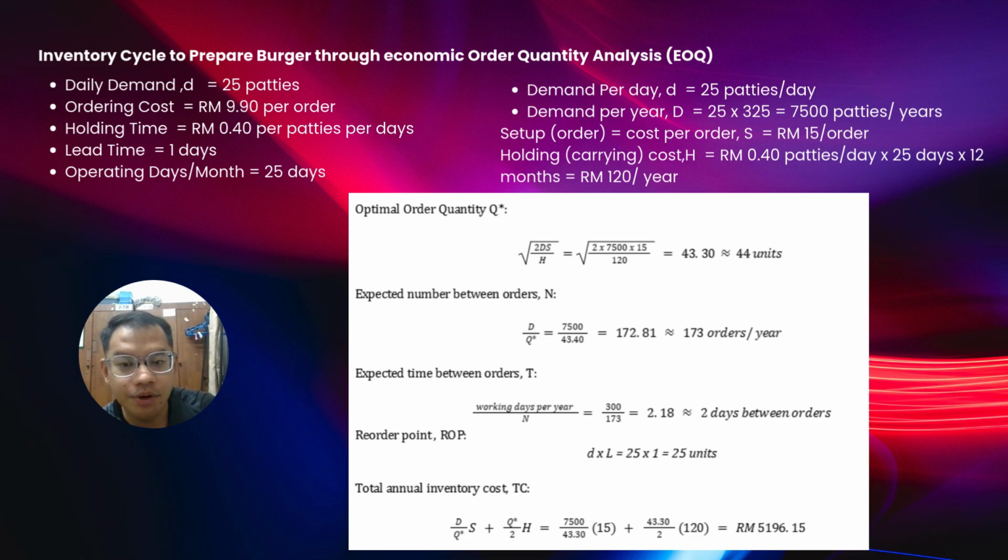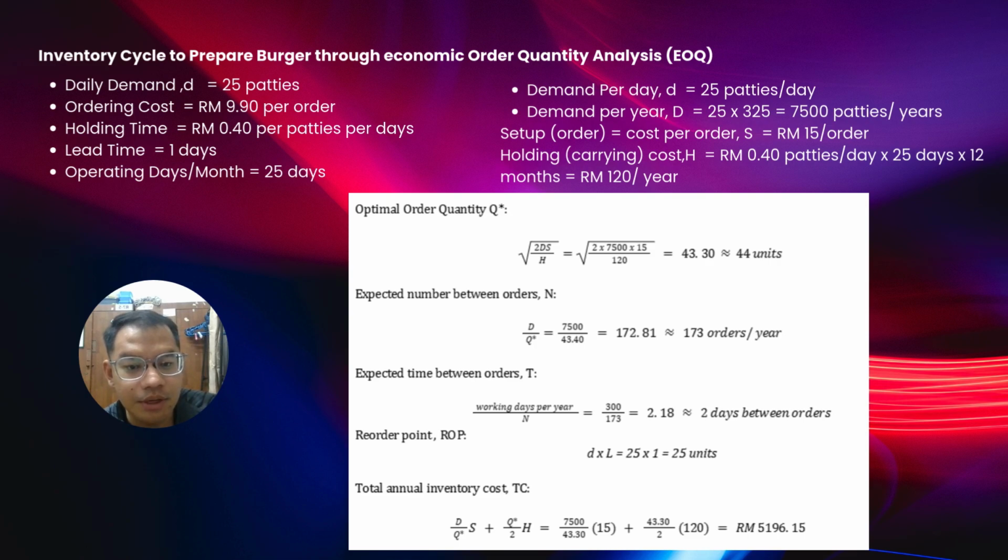And then for the optimal order quantity, the formula is square root of 2 times D times S over H. So we will get square root of 2 times 7,500 times 15 over 120. We will get 43.30, around 44 units.